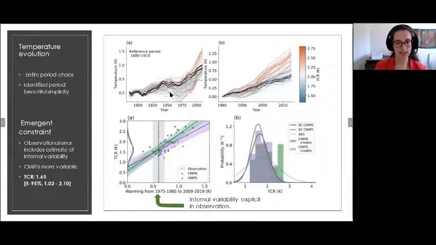You can see, with color coding of the TCR values, that it's quite chaotic. You've got a couple of very highly sensitive models that warm way too much, but some of the highly sensitive models also cool quite a bit during the 1950s to 1970s. So from that period, it's not very easy to find a difference between these models compared to the observations.